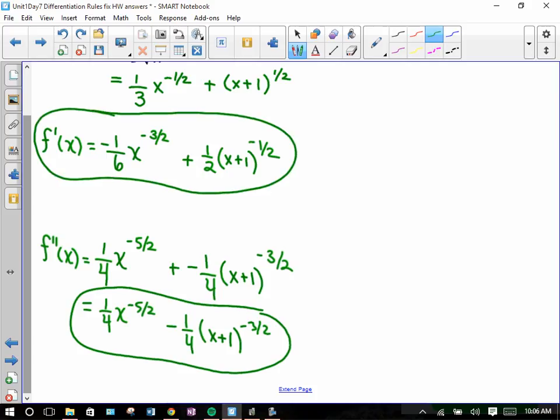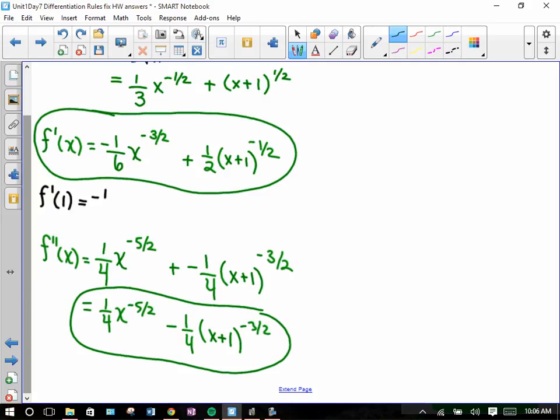Now it wants me to figure out the value at x equals 1. All that means is I plug in 1.